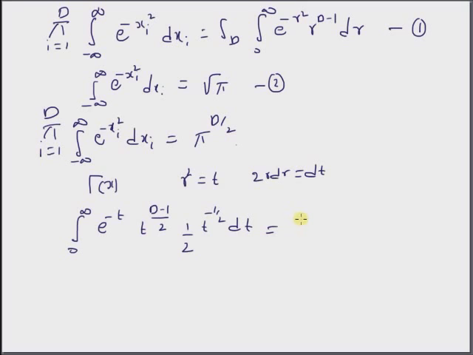This can be easily rewritten as 1 by 2 integral 0 to infinity e power minus t, t power d by 2 minus 1 dt.